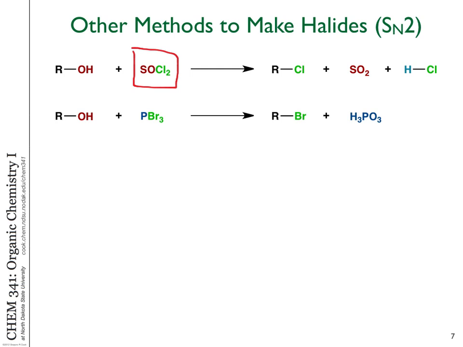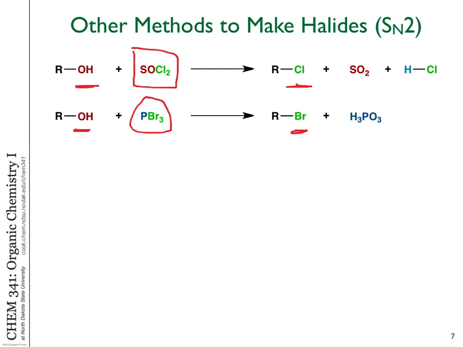So thionyl chloride, SOCl2, does this reaction to convert an alcohol to a chloride. And phosphorus tribromide can convert an alcohol to a bromide. Those are convenient reactants because they're relatively stable and we can purchase and use them from a chemical company.